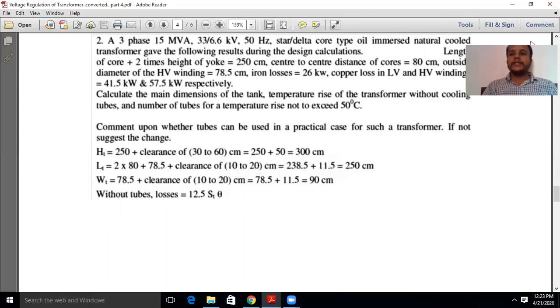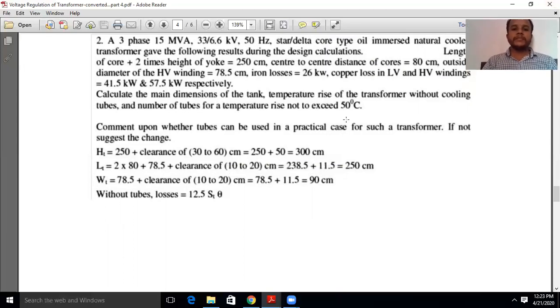So in this case, you can see length of the core plus 2 times height of the yoke is equal to 250 centimeter. So now height of the tank can be calculated: 250 plus clearance of 30 to 60 centimeter.